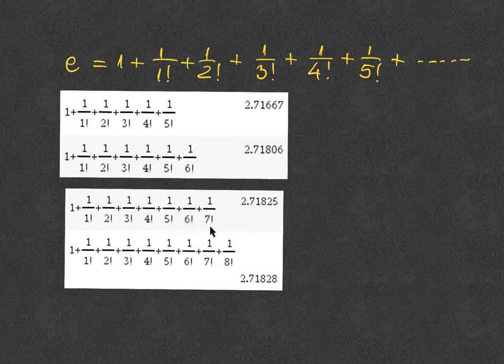If I add another one, I get a bit bigger, but to 3 significant figures or even to 4 stays the same. If I add one more, even 5 significant figures stay the same. So as you see, the terms that are added are smaller and smaller. That's why we can consider that that's a good estimate of e. So that's how the value of e is computed.